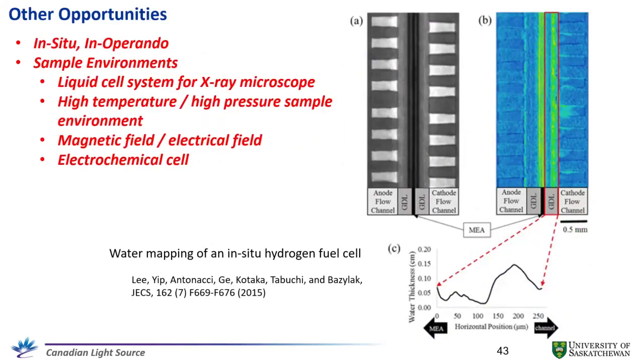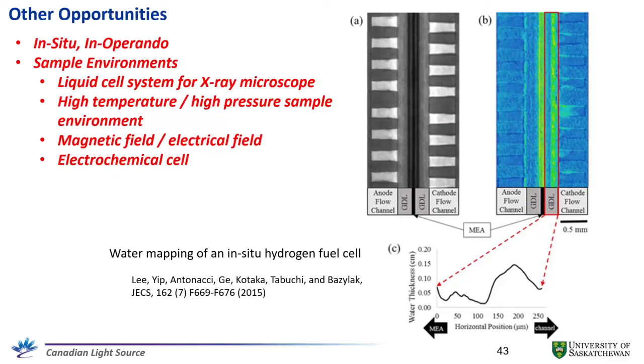For synchrotron techniques, in addition to all the techniques we have, maybe tens of different techniques, there are some other opportunities. We have a lot of in situ and in operando devices, so that you can measure the sample in action.